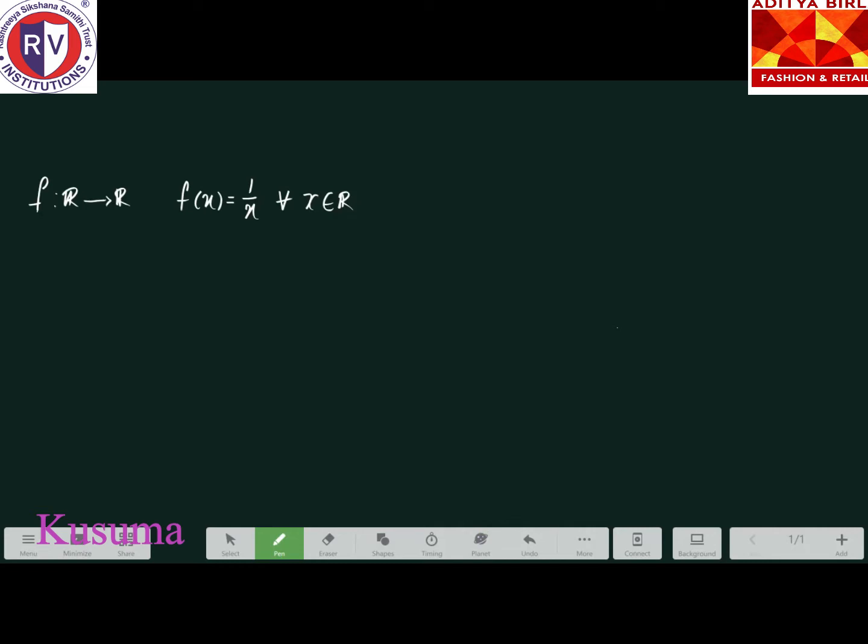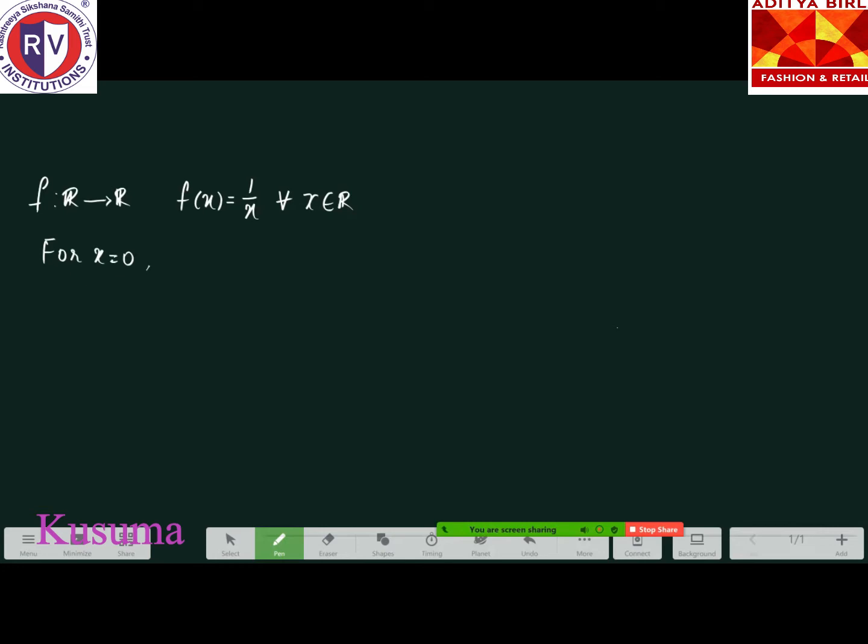So here, the function is given to be f of x is equal to 1 by x. If the function is to be onto, 1, 1, or bijective, for every x belongs to R, there must be an image, right? But here, let us consider x is equal to 0. 0 also belongs to the real number set, right? For x is equal to 0, what will be the image?